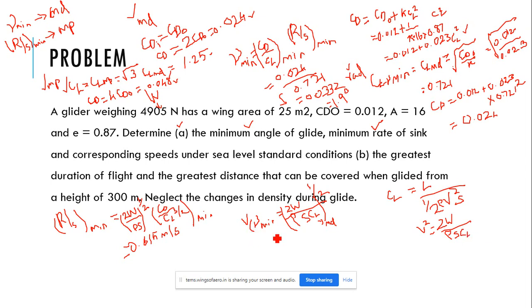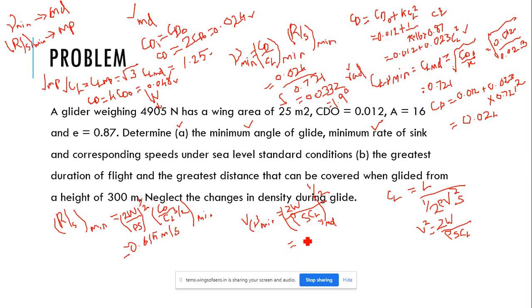Same formula, but for angle of glide we need to use CL MD. For rate of sink, we need to use minimum power condition. That is the difference.